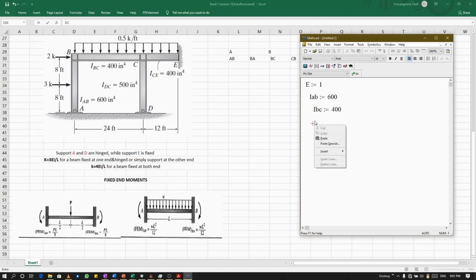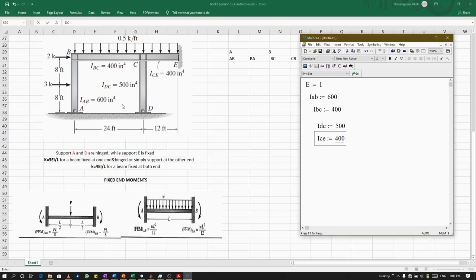Then we also have IDC equals 500. Then we have ICE equals 400. So ICE and IBC, they are the same thing because it's just a straight beam throughout.